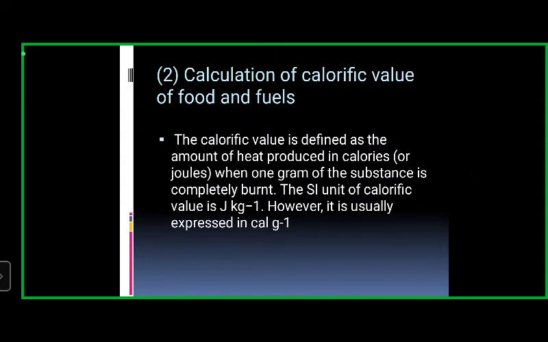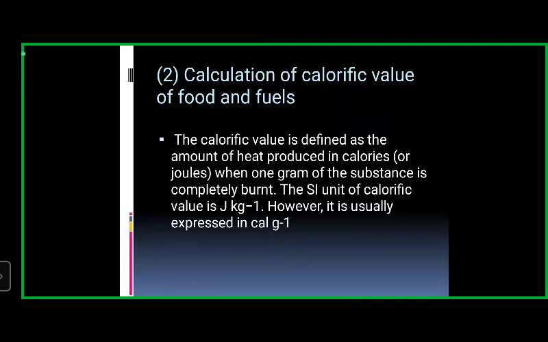Next, calculation of calorific value of food. The calorific value is defined as the amount of heat produced in calories. So what is calorific value? Amount of heat produced in calories when 1 gram of substance is completely burnt.